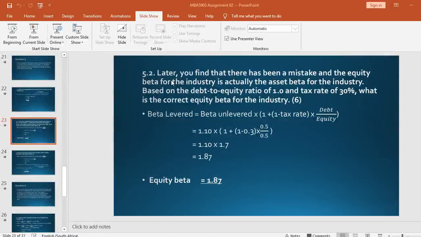Now, there is a formula that you apply, which is what is shown on the board, to convert asset beta into equity beta. So that's the formula that you're going to be using. Remember, we want to convert that asset beta into equity beta.